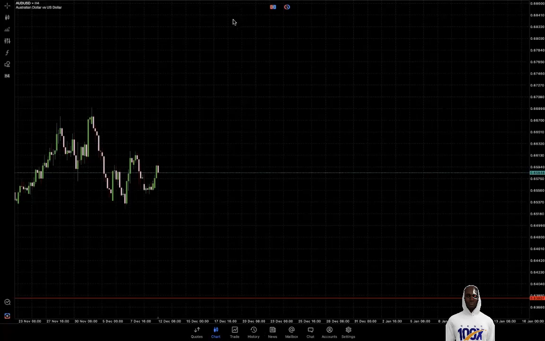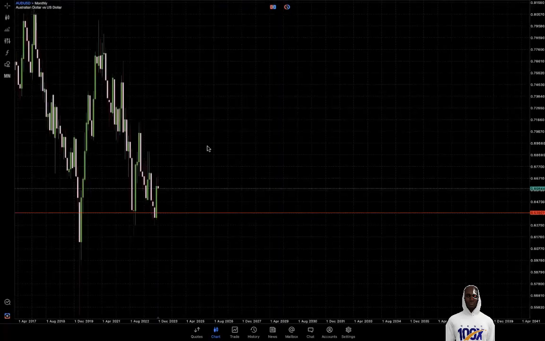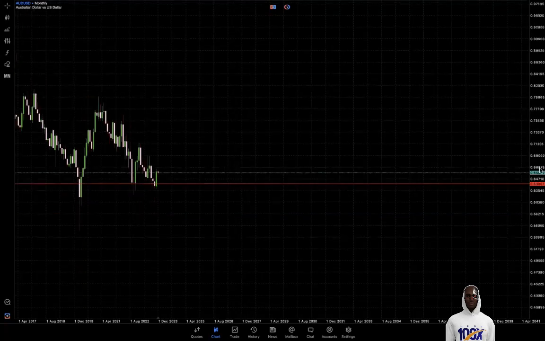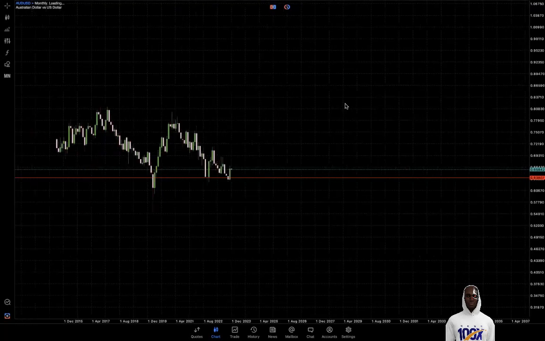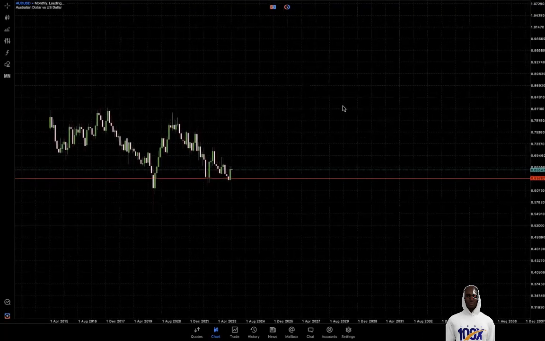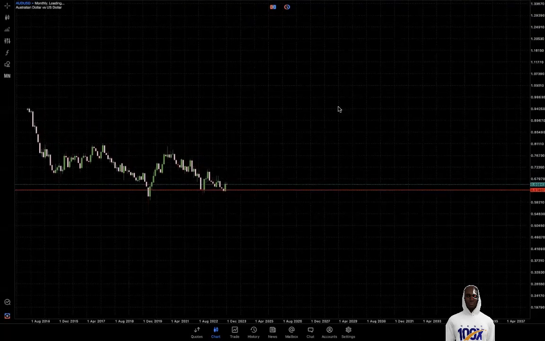So today we are looking at Australian USD. Firstly, checking out what the overall market structure looks like on the Australian USD.